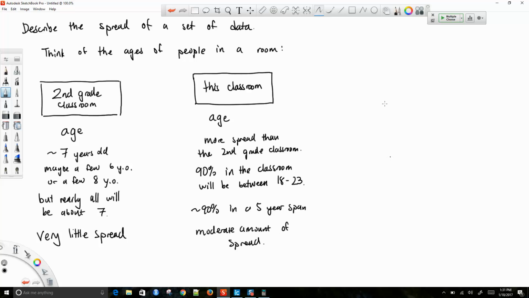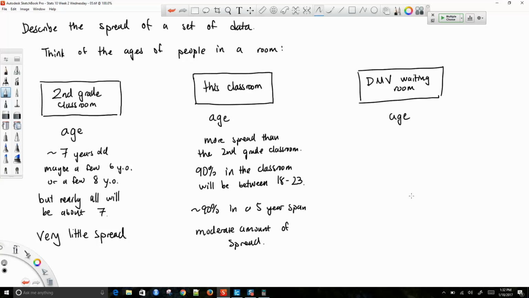All right, let's say we go to the DMV waiting room. And we look around at the ages of people in the DMV waiting room. What kind of ages will we see there? 16 to 85. Yeah, we'll see lots of ages, right?